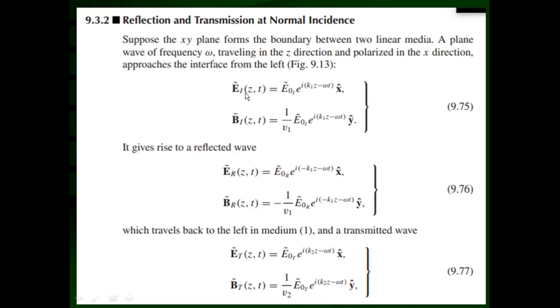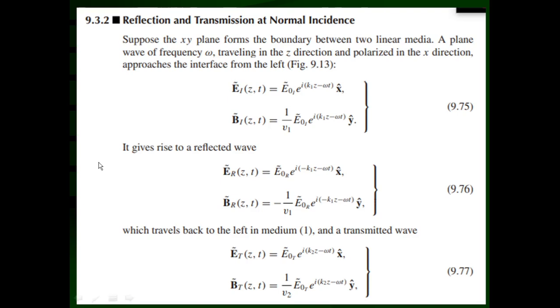Because the electric field is polarized in the x direction, the electric field is given by its magnitude E0I and its phase factor e raised to i(k1z minus omega t), a complex amplitude, and the direction of this electric field is the unit vector in the x direction.